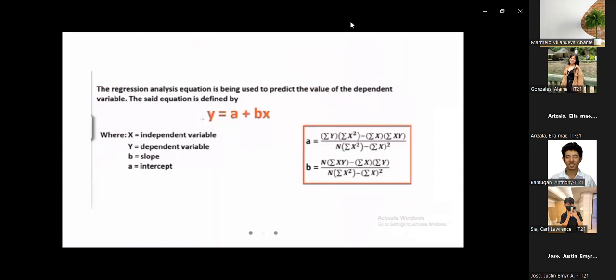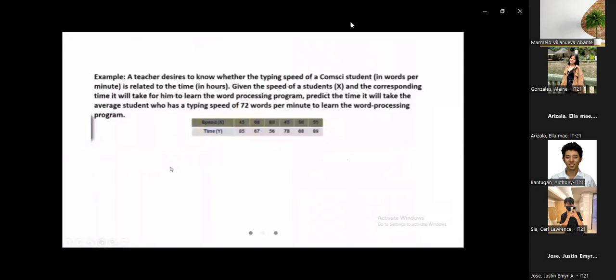So, meron pa tayong formula para sa slope and intercept. So, we use this formula para makuha natin yung slope and intercept. So, we have an example here.